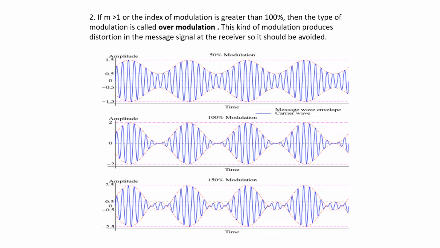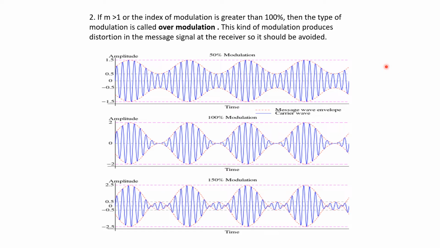As in the previous slide, I have explained that the index of modulation gives us an idea about the quality of signal which we will receive at the receiving end or at the receiver.